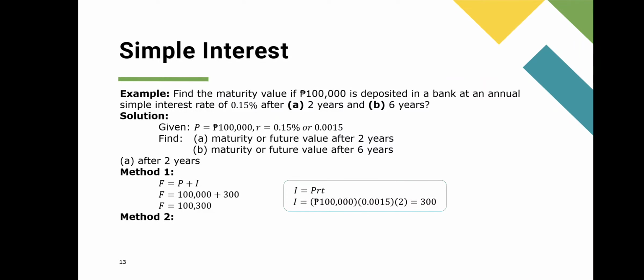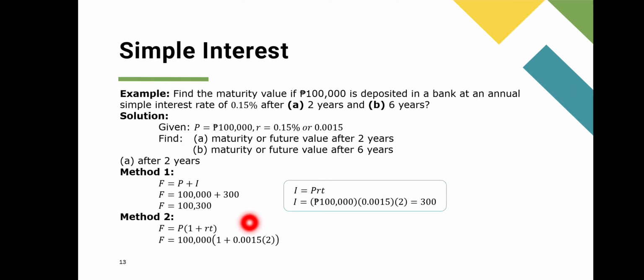So for method 2, we will use F, or future value equals P, principal amount, times 1 plus RT, or rate times time. So we have 100,000 for P times 1 plus our rate is 0.0015 times time, which is 2.